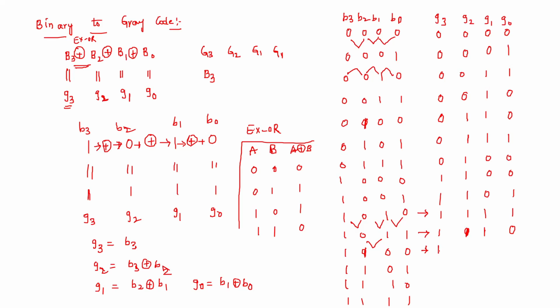So here, an even number of ones gives 0, and an odd number of ones gives 1.